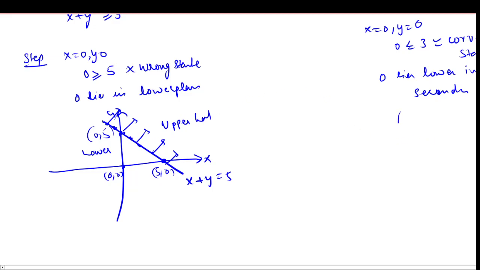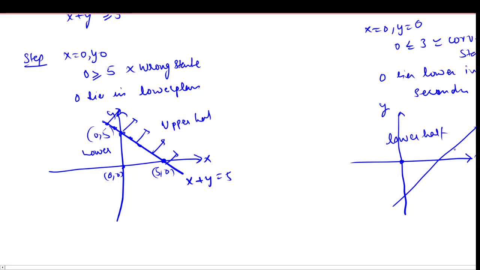Second, if we plot a Cartesian system for the second equation, we get, since 0 lies in the lower half, this region will be the lower half and this region will be the upper half.